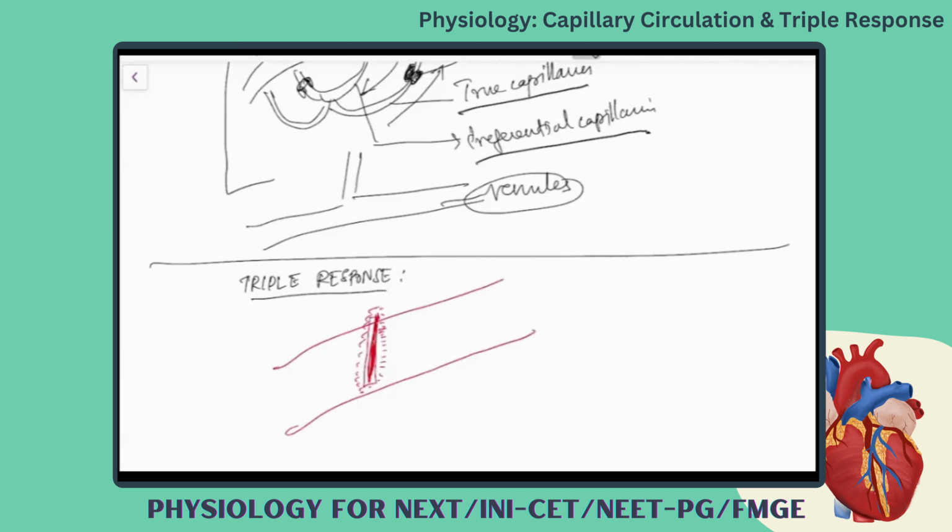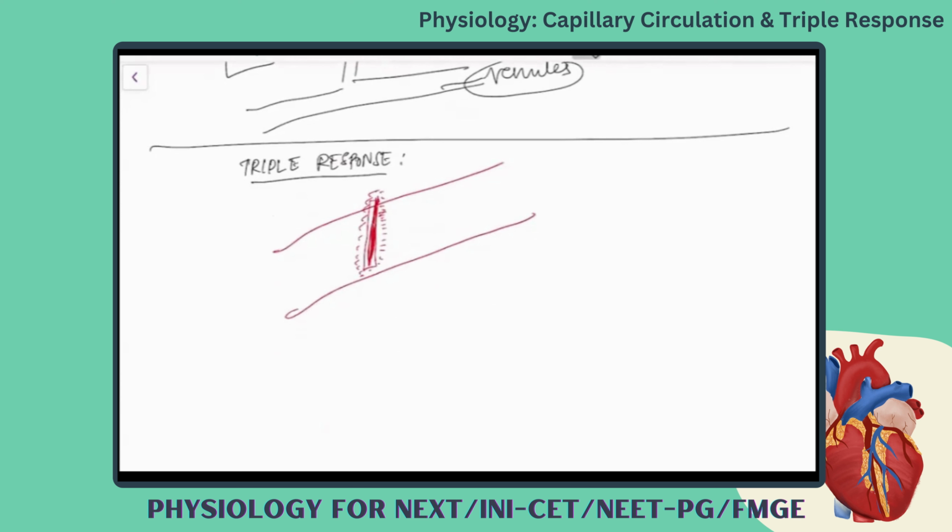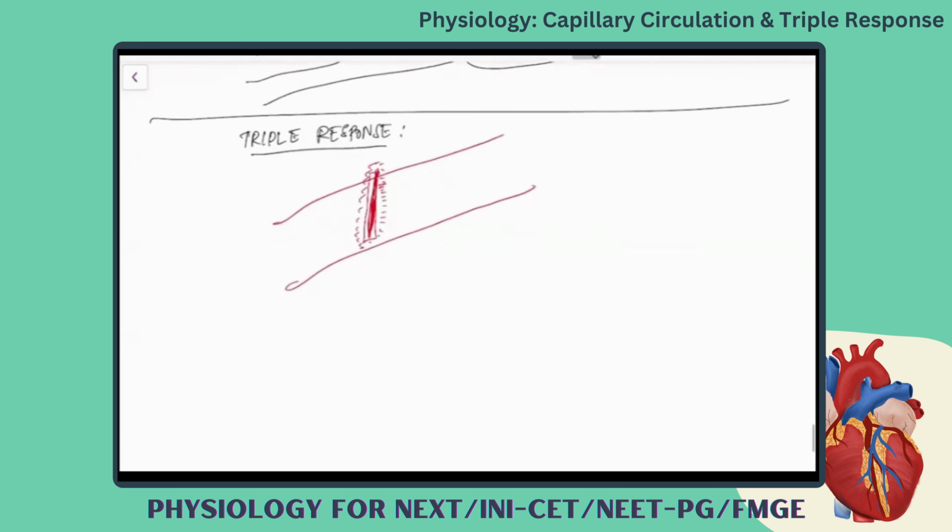Initially, don't do it with much pressure, then everybody will blame me. Or you may accidentally scratch somewhere during travel, with a bus or a nail. Initially you will observe a small red line, then after some time the surrounding skin becomes reddish, and then later the center part where you scratched becomes edematous. That is called the triple response.